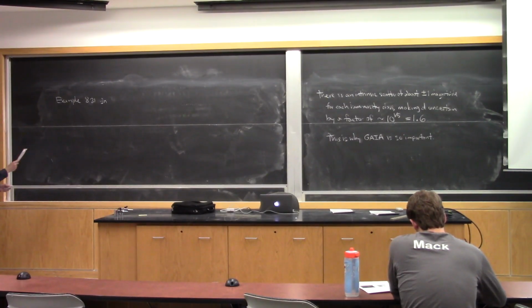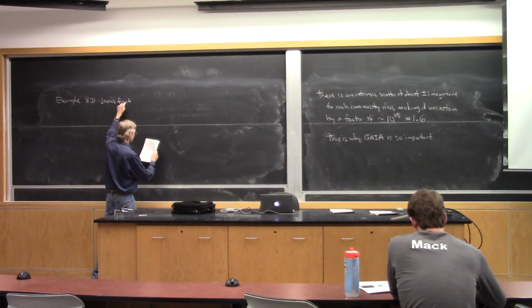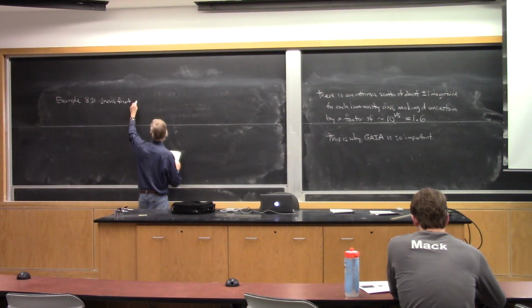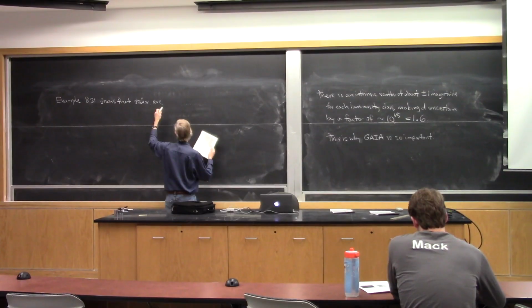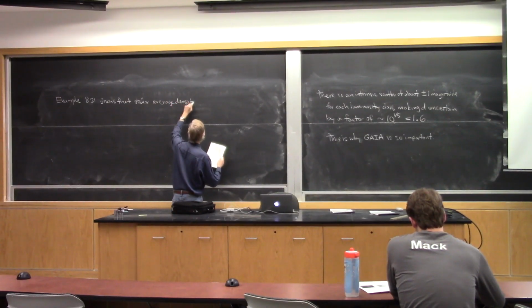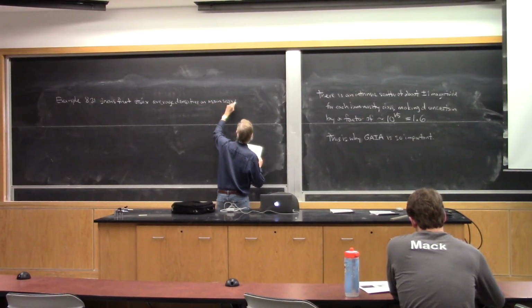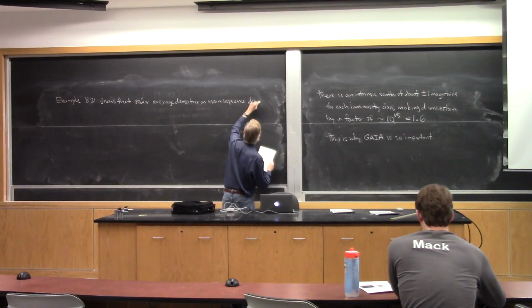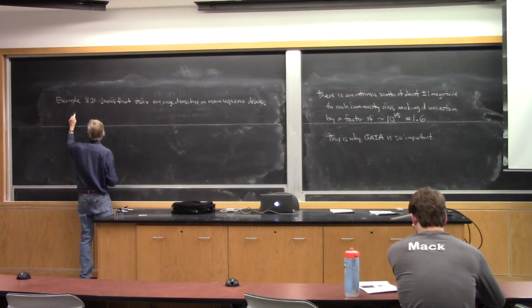Anyway, example 8.2.1 shows that stellar average densities on the main sequence decrease as we move towards earlier spectral types. Even for, well, we'll get to Betelgeuse in a minute too.